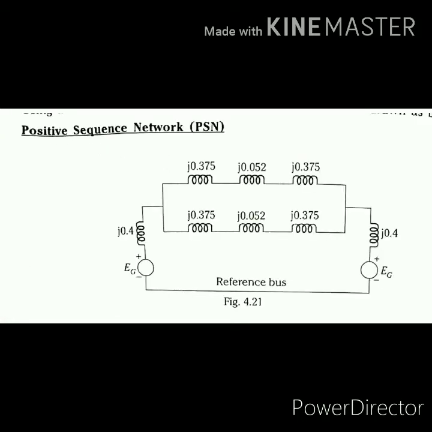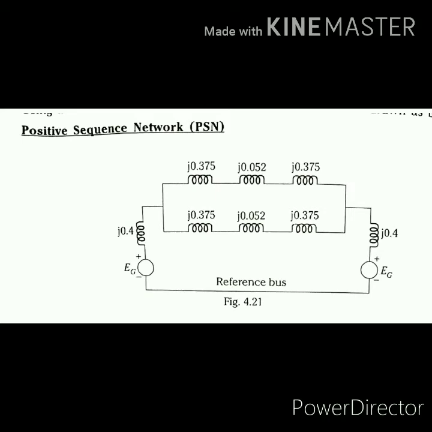Now we'll draw the positive sequence network first. So what do we have first in your diagram? You have machine 1. So you have to draw a reactance j0.4 in series with the EMF source EG. Then what do you have?